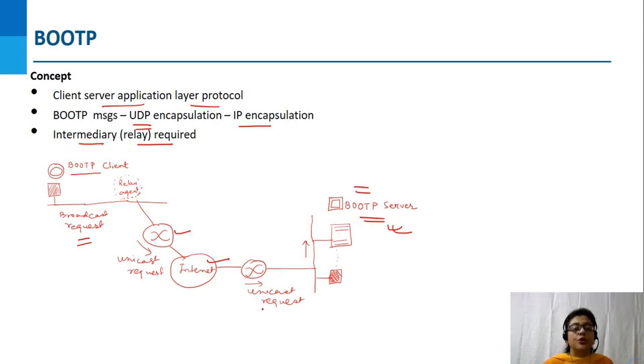So this is also a unicast request. It is received by the BootP server, and from there it sends the reply message back to the BootP client through the nodes of the network in the same fashion, sending its IP address.